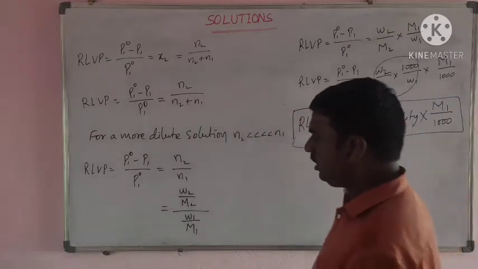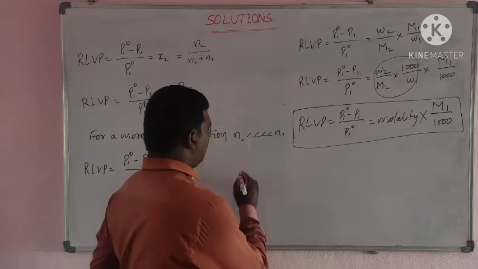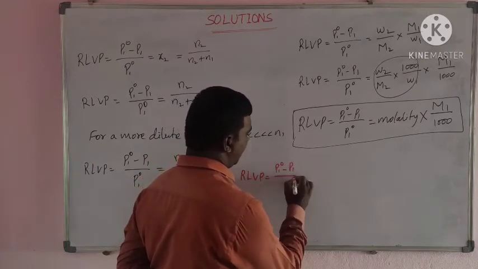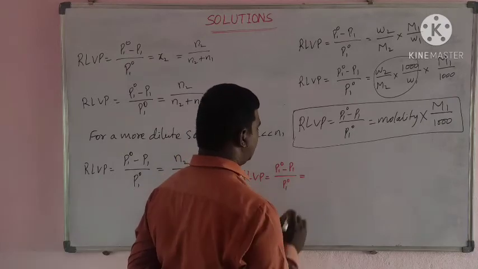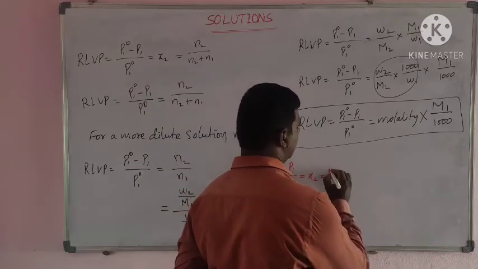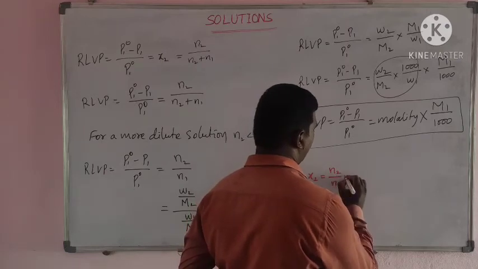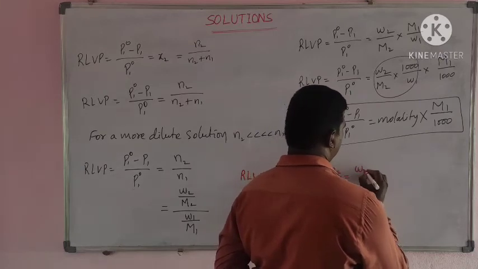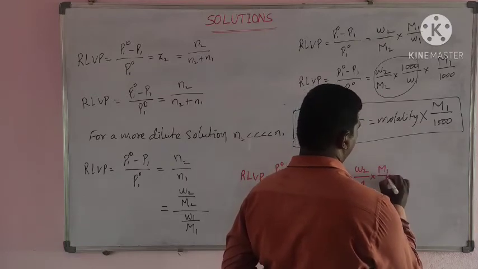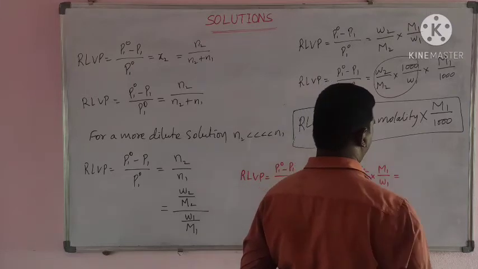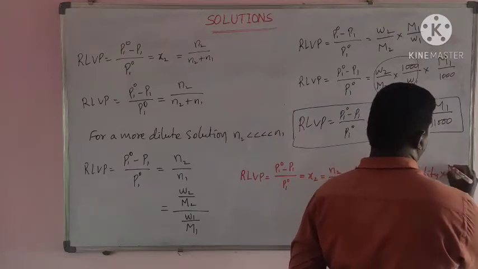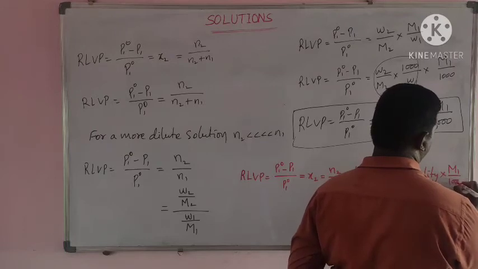This is the final formula. Here RLVP is equals P1 naught minus P1 by P1 naught, that is equals x2, that is equals n2 by n1, that is equals W2 by M2 into M1 by W1, that is equals molality into M1 by 1000.